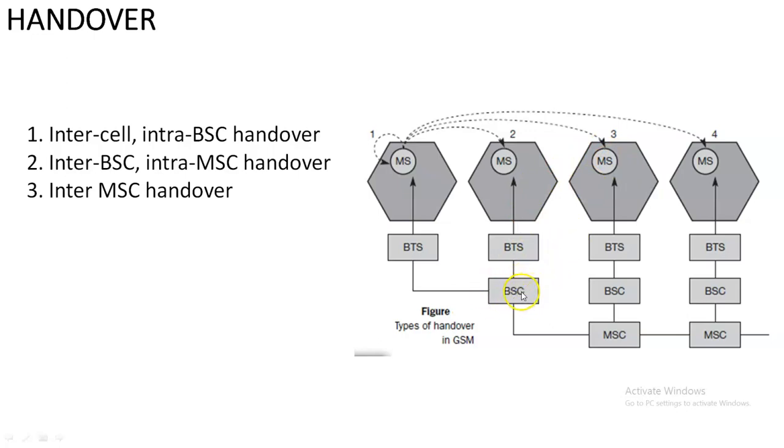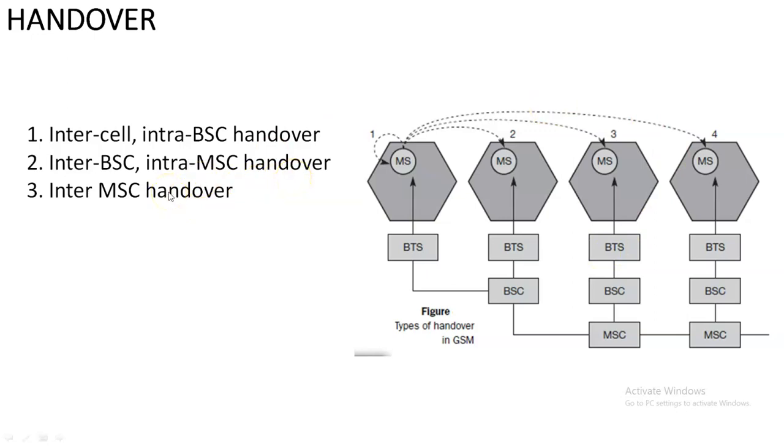So this BSC will inform the MSC. The MSC will search for the nearby BSC, and that BSC will search for the nearby BTS. So your BSC hands over to the MSC, and the MSC finds the new BTS. From the old BTS to the new BTS, the signal will be handed over. So this type is called inter-BSC and intra-MSC handover.